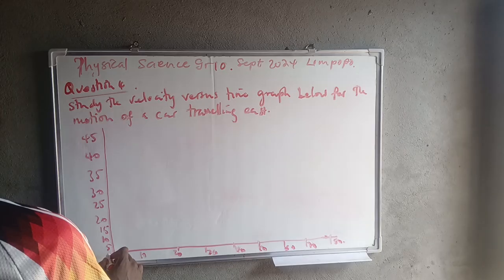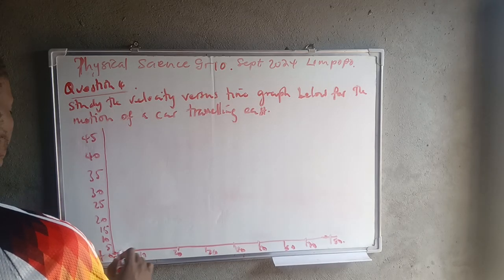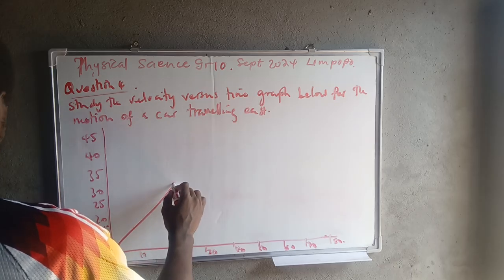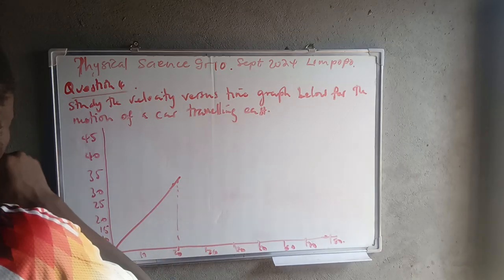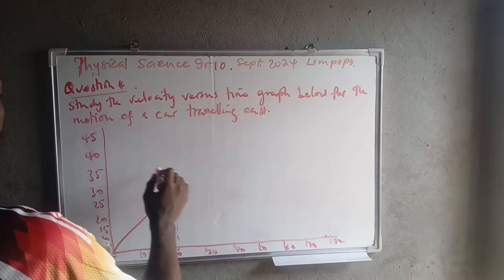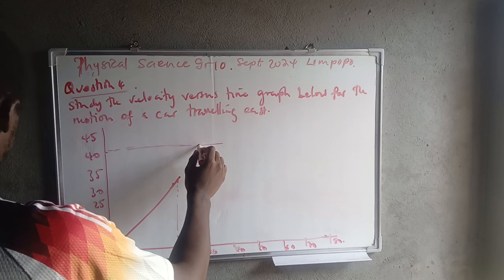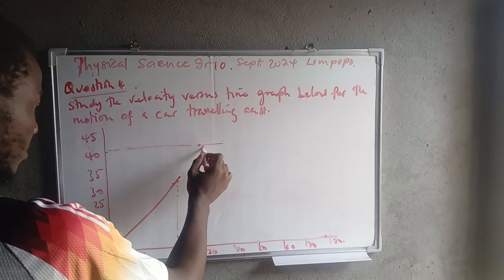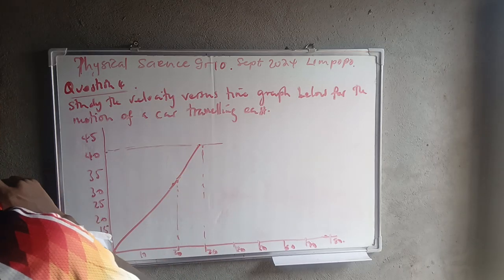So it starts here at point A. From point A, it goes to somewhere on 20. Then it goes to 40, and 30, somewhere there. Yes, so it goes like that.